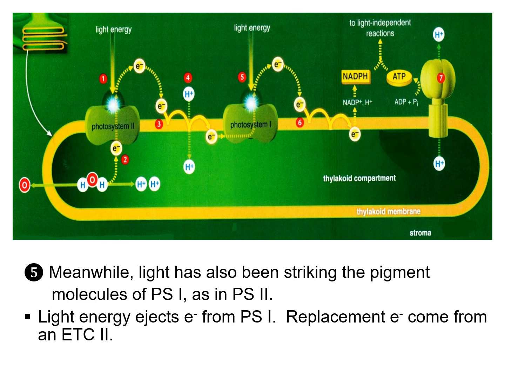Meanwhile, light is also striking the pigment molecules in photosystem 1, as it happens in photosystem 2. It means that light energy will also eject an electron from photosystem 1. The replacement of this electron will come from electron transport chain 2.